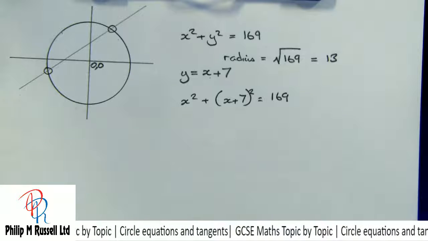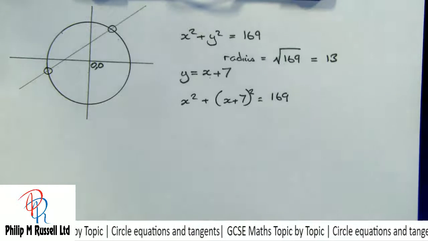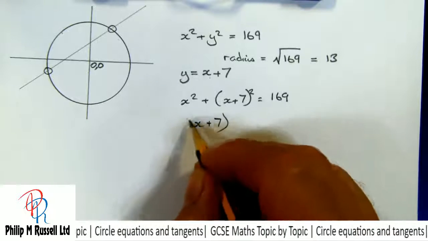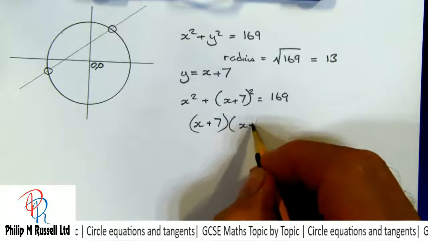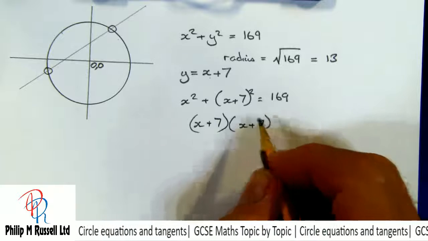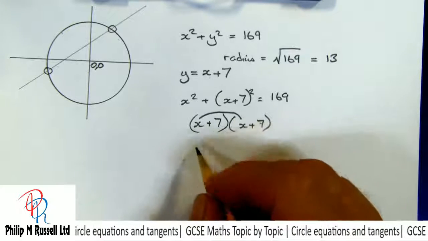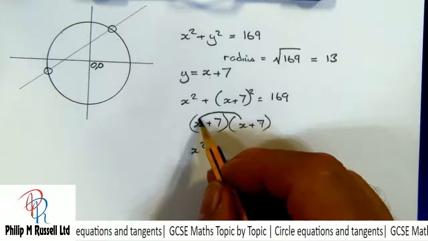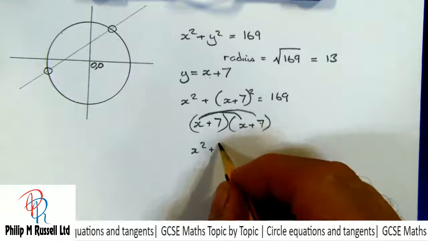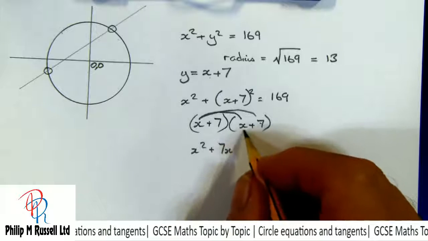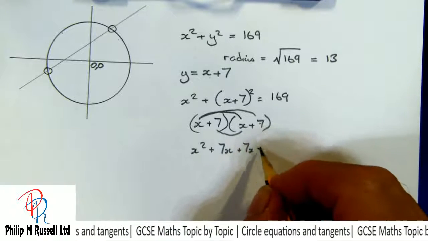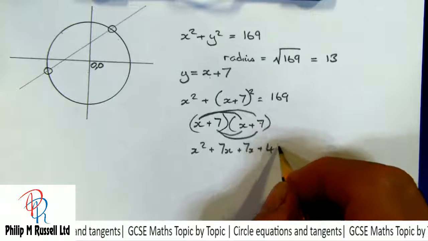Now I've got that, my next stage is to square this out. (x plus 7) all squared is going to give me x squared plus 7x plus another 7x plus 49.